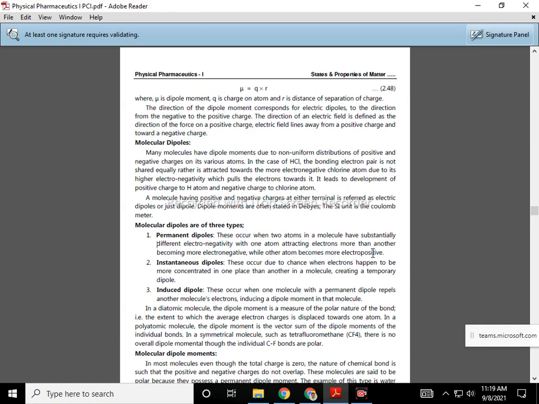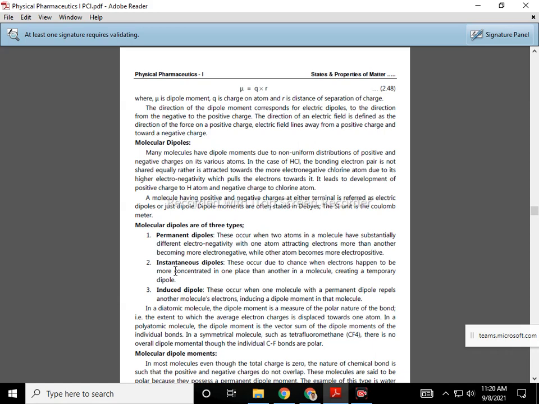Earlier we have taken several examples of that, in which one is a highly electronegative atom, whereas the other one is electropositive, contained with less electron. So towards the electronegative atom more electron will be there, towards the electropositive atom less electron will be there, and this molecule we can say is having a permanent dipole. I think you got this point very clearly.